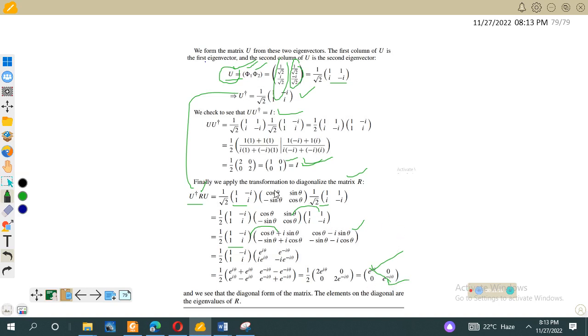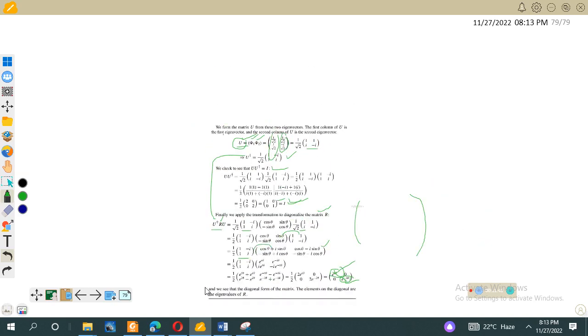So the basic purpose of finding the diagonal matrix is to find the eigenvalues by a shortcut method. If we succeed in finding the diagonal matrix, it means we don't need to find its eigenvalues by any other method, just its primary diagonal entries are its eigenvalues. This is the first eigenvalue and this is the second eigenvalue. So I think I should stop here and we will proceed in the next lecture.